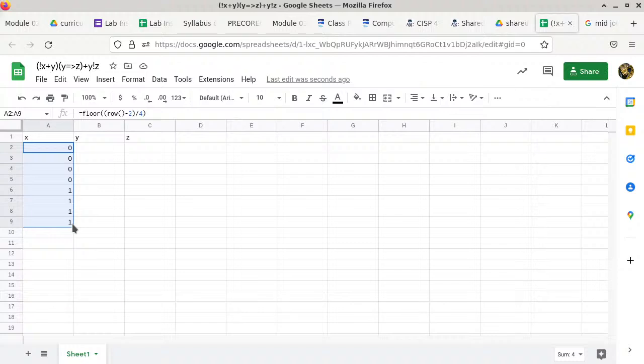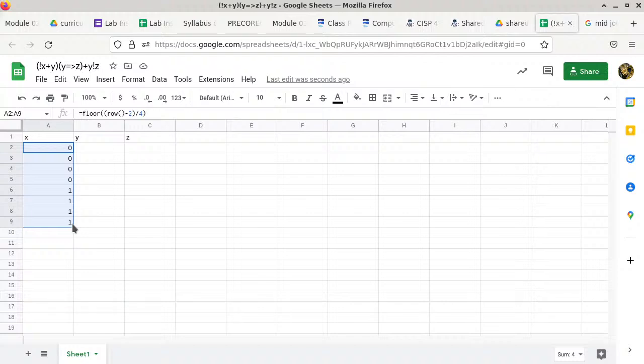The next column is supposed to be 0, 0, 1, 1, 0, 0, 1, 1, right? So what is changed between column A and column B? Instead of trying to extract what is in bit 2, we're trying to extract what is in bit 1. So what we used to divide by 4, now we need to divide by 2. But that's not going to solve the problem, because if you divide it by 2, I can tell right away.